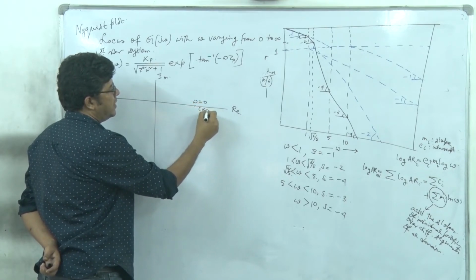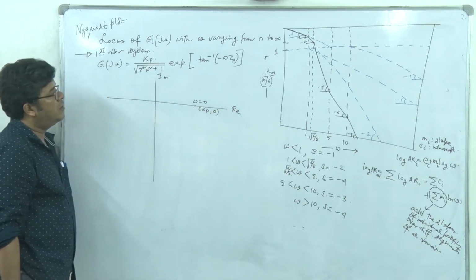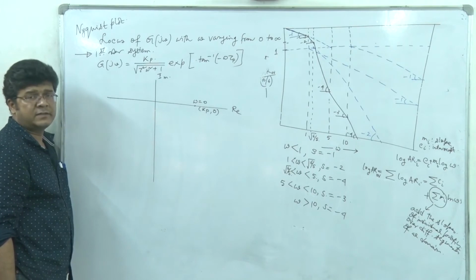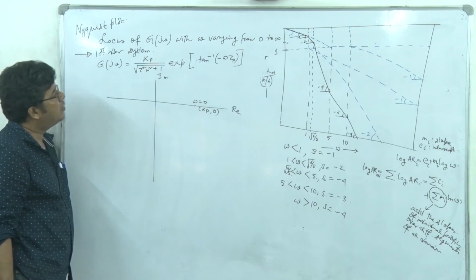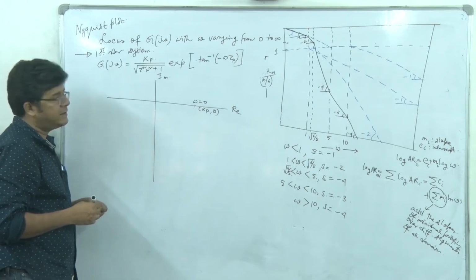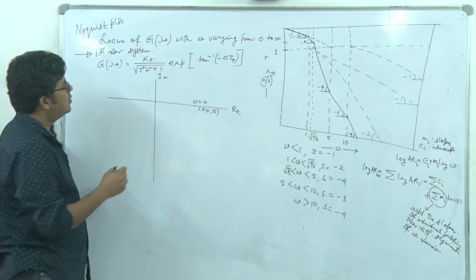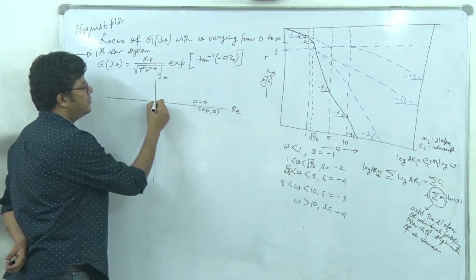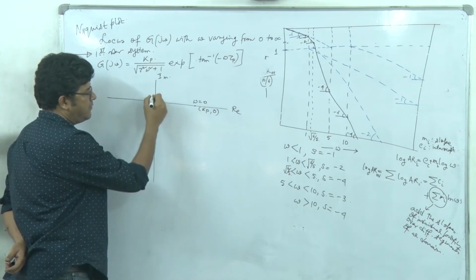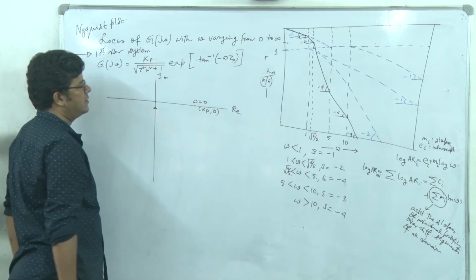And the point is Kp comma 0 on the real axis. Now as omega tends to infinity, we know from the Bode plot that AR, that is amplitude ratio, tends to 0, whereas phi tends to minus 90. Amplitude ratio 0 means this point and phi of minus 90, so this point will be approached from this side. Right.